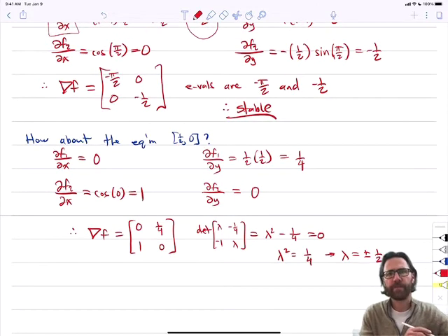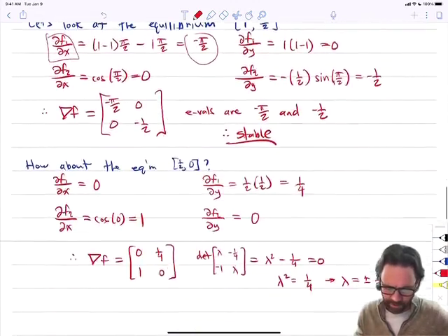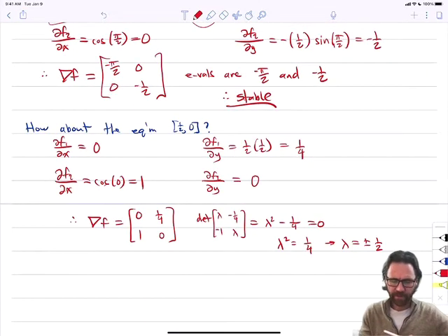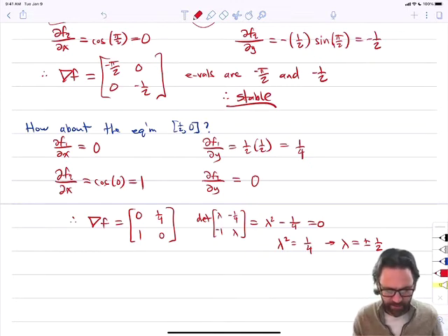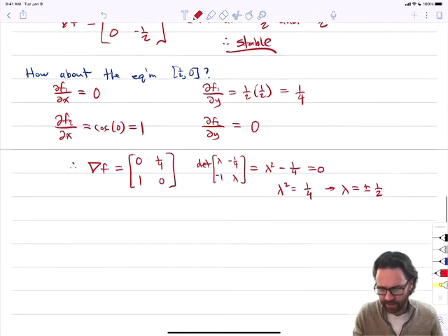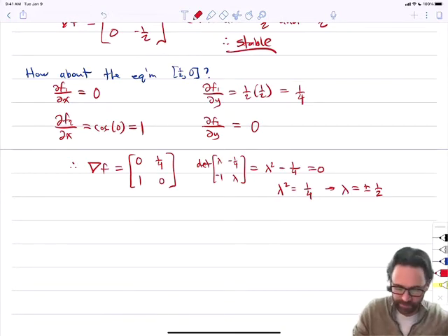What about the other, did I say that was it? Yeah, the other equilibrium, 1/2, 0. Again, I worked out the Jacobian, evaluated the Jacobian matrix. And there it is. And I computed the eigenvalues by hand, but you can also just use Python.